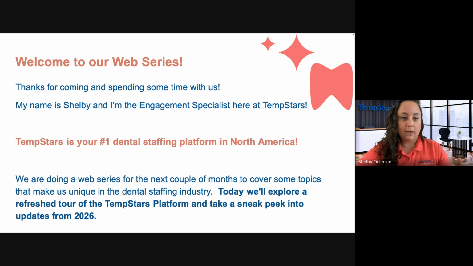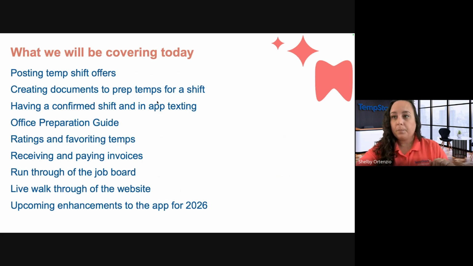Like I said, today we will be doing a refresh tour of the entire TempStars platform, and then we'll also do a sneak peek for some updates we have coming later in the year. So the agenda that we'll be following today, we're going to start off with posting temp shift offers. We'll be looking at creating documents to prep temps for a shift, having a confirmed shift, and in-app texting.